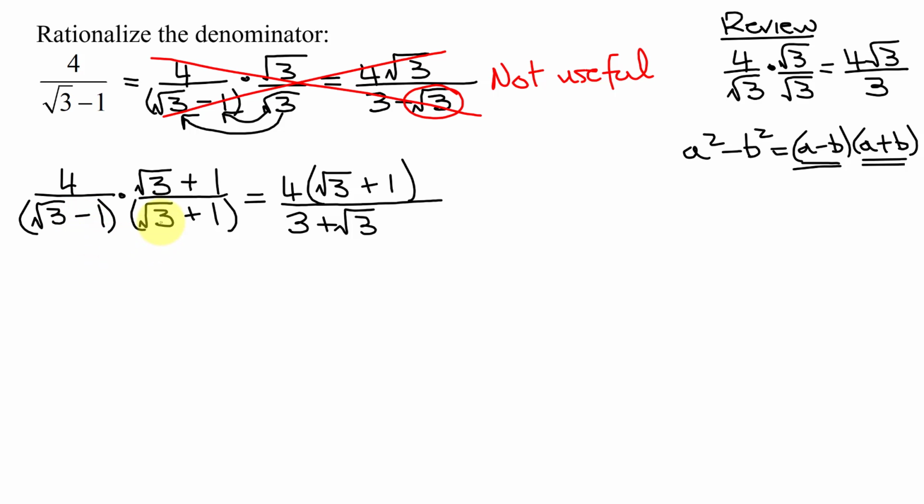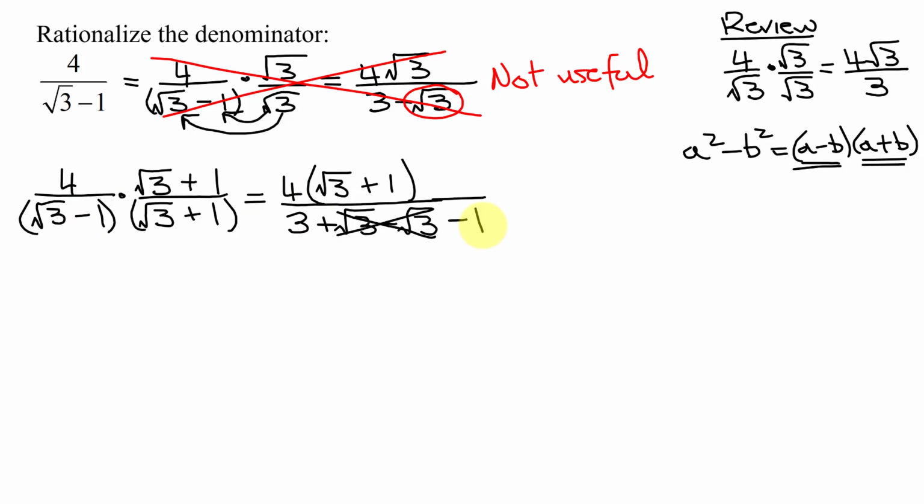Inner, negative 1 times the square root of 3 is minus the square root of 3. And last, negative 1 times positive 1 is negative 1. Did my middle two terms add to 0? Yes.